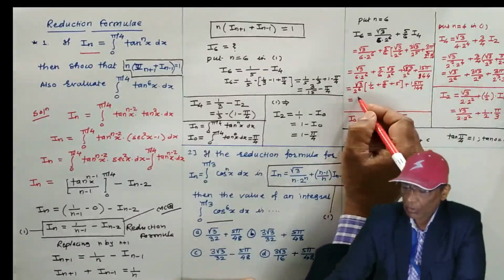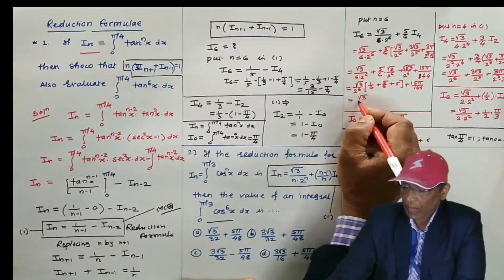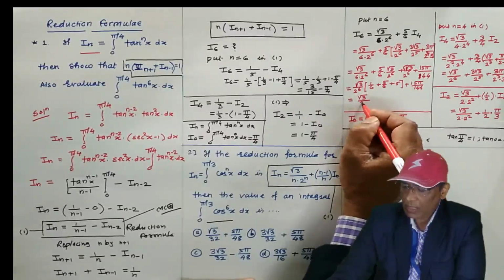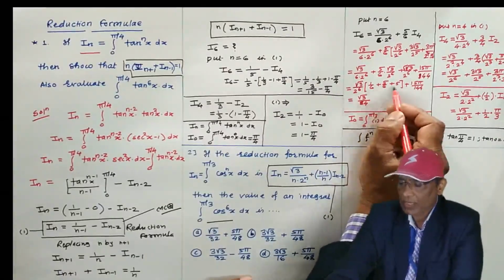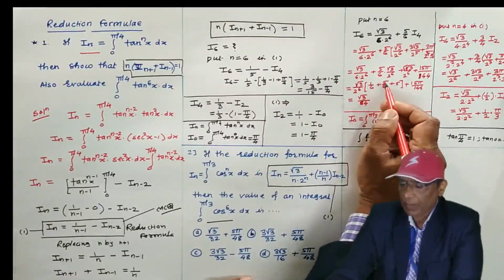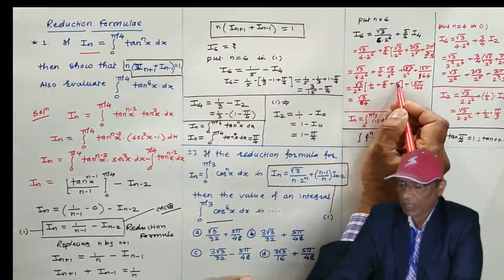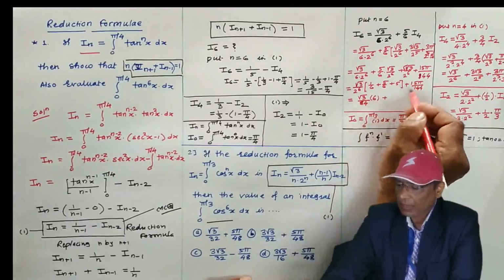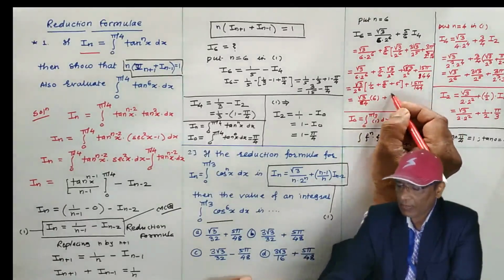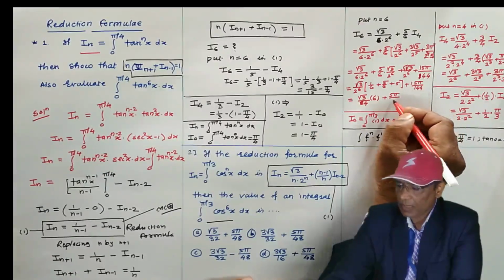Now, 2 power 6 is 64. And if 6 is the LCM, then 1 plus 5, 6, 6 plus 30 is 36, 36 by 6 is 6, I am writing here. And here 3 5s are 15, and this divided by 3 is 48, is it?